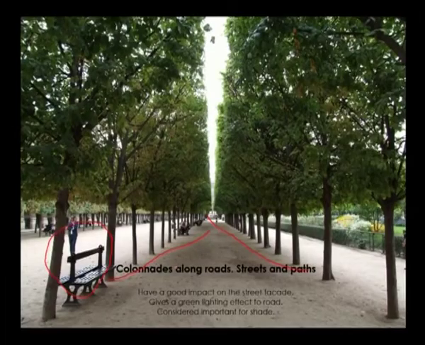It gives a green lighting effect, a green mood, a more sustainable or greener version of the environment, and it is also considered important for shade. So, apart from noise or air pollution, environmental aspects also deal with aesthetics, and how these functional elements could be used in an environmentally positive way.